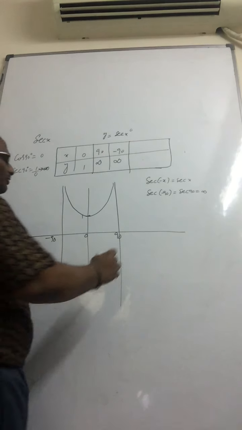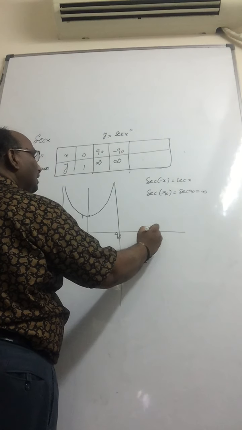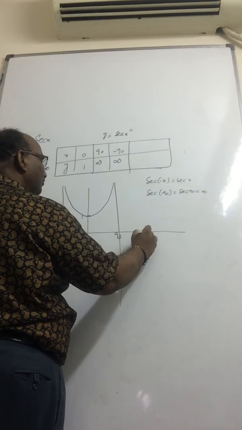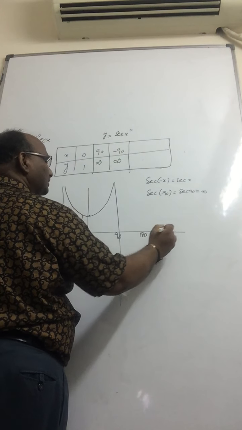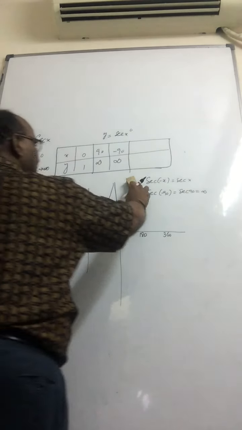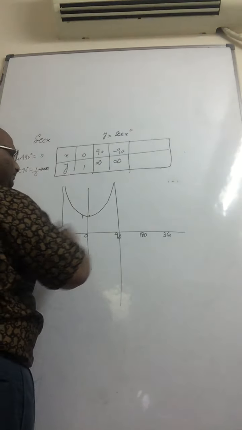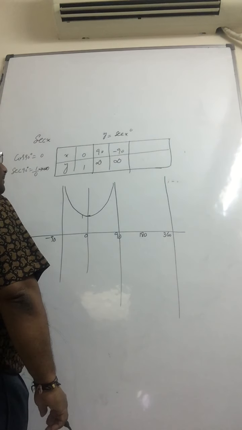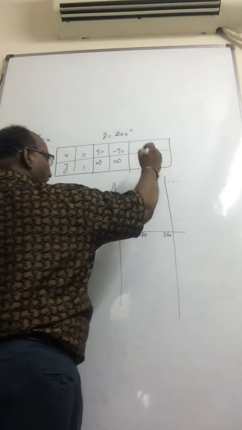So now the next one. For 90, again I am taking 180, 360, because at 360 again it is what? What is the secant 180 value?